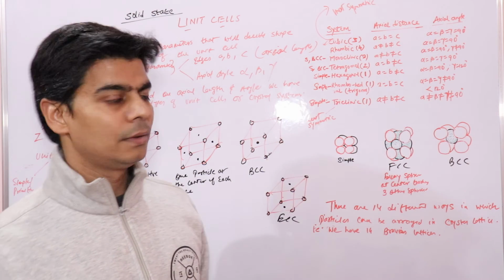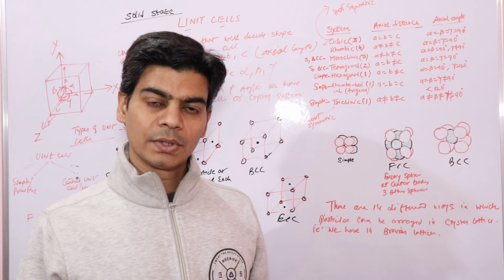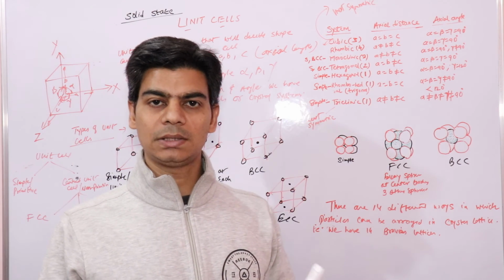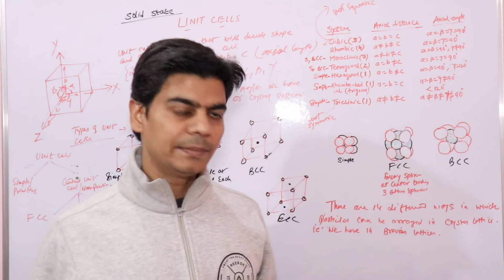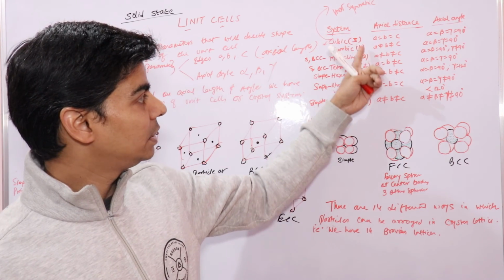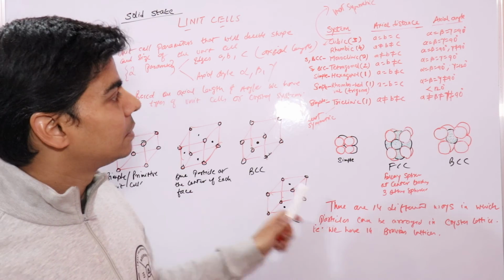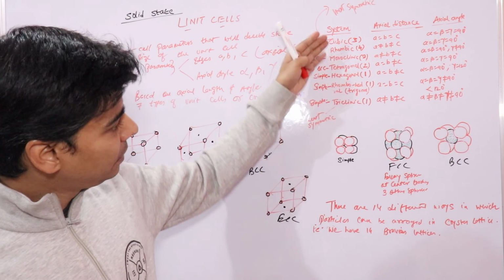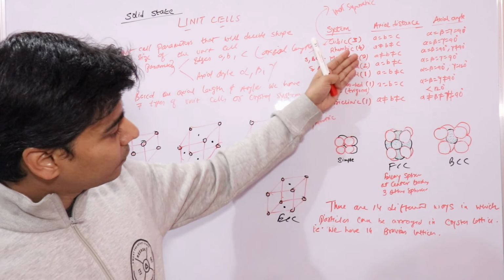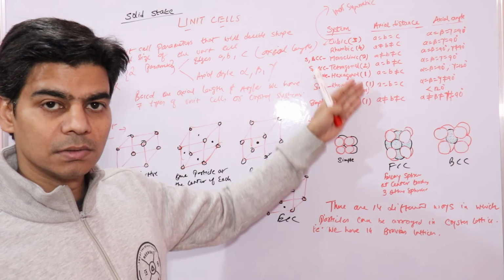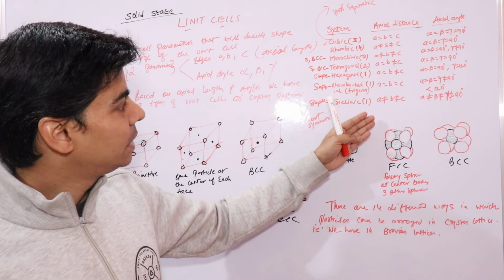Similarly, in the rhombic crystal system, we have 4 ways in which particles can be arranged in 3 dimensions. Here one additional is this one, the edge centered. Similarly, in different crystal systems, we have a number of ways in which particles can be arranged.